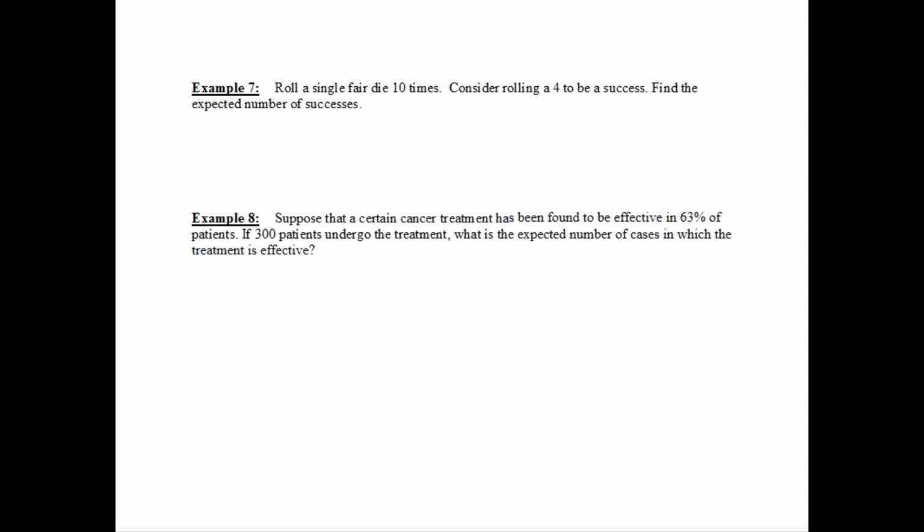Let's look at this one. If we roll a single fair die 10 times, and we're going to consider 4 to be a success. So here, the probability of success would be 1/6, because if I roll 1 die, I have 6 possibilities, all equally likely. There's only 1 in my event, which is the 4, so we get 1/6. And then my Q would be 5/6. And what is my N, my number of trials?